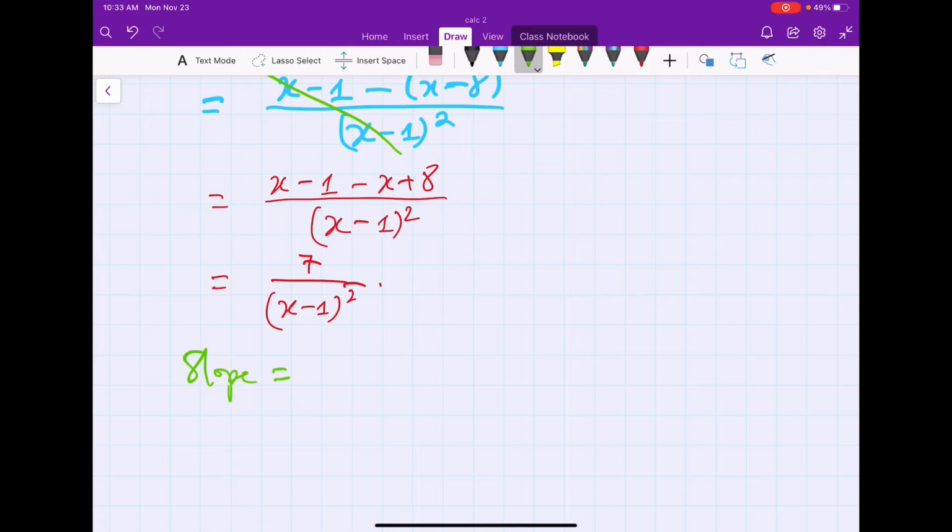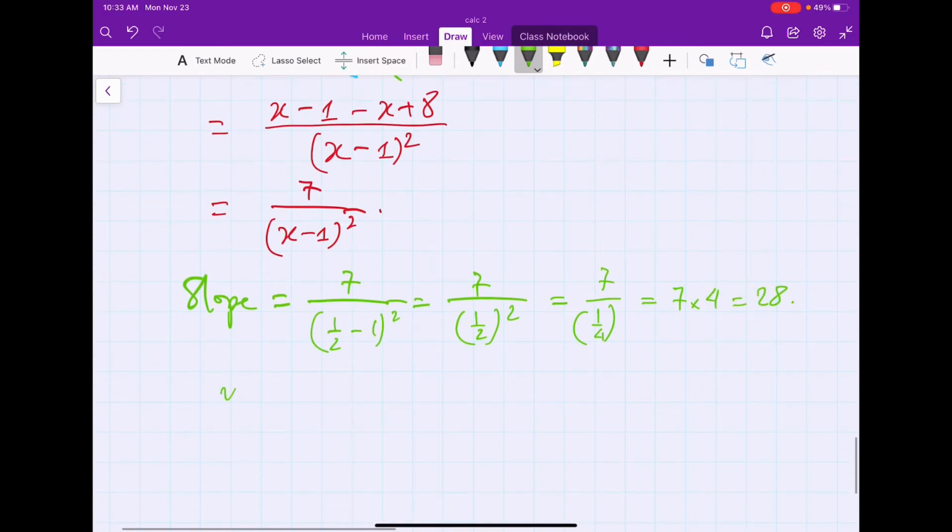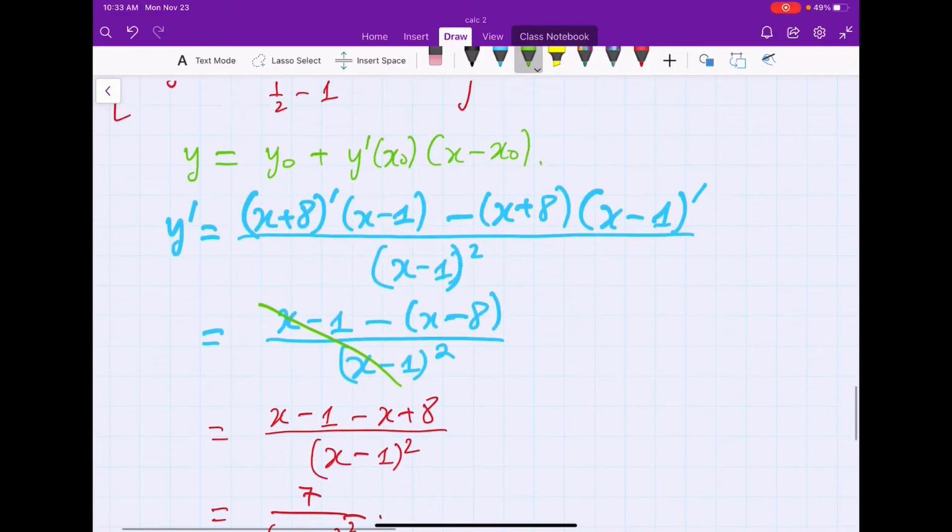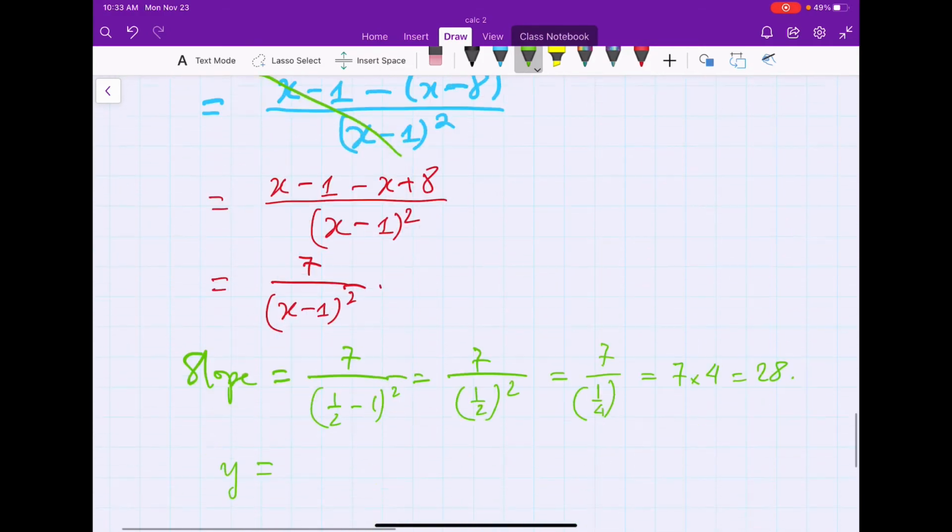I write the slope equal to 7 over (1/2 minus 1) squared, which is 7 over (1/2) squared. So (1/2) squared is 1/4, right? Divide by 1/4 means multiply by the inverse. So I have 7 times 4 is 28. So I have the equation: y minus y0, with y0 just negative 17, right?